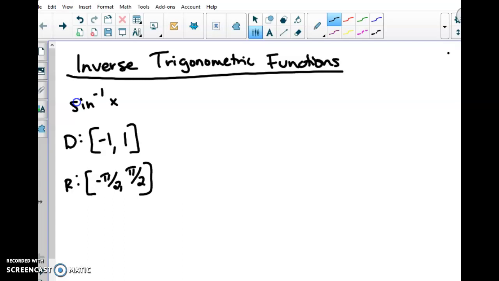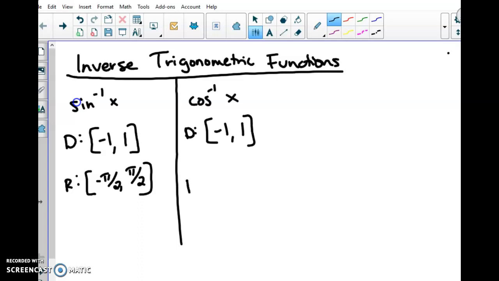Notice these are both brackets, which means that those points are included. Looking at the arc cosine, or cosine to the power of -1, the domain is from -1 to 1, and the range here is from 0 to pi. Again, brackets, so we know it is included.